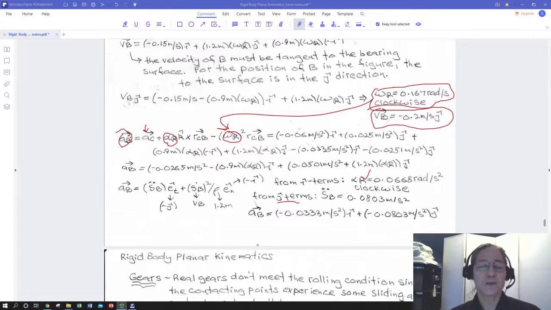And so this will end up generating one unknown, the acceleration of our rod, and then we're going to have 2 unknowns for our acceleration of B. Unlike the velocity, which only has one component because it's tangent to the surface, acceleration doesn't necessarily have to be tangent to the surface, but we can write an expression for it because it's like going along a curved surface.